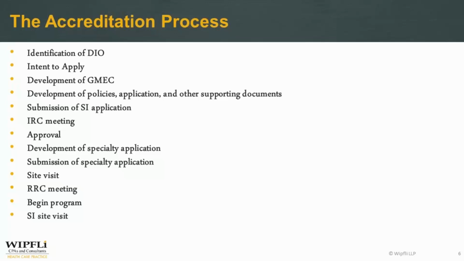Okay. So you have your site visit, and then you wait for your residency review committee meeting, which again varies depending on specialty. But broadly speaking, October, January, April. Now, if you get approved in April, you have a choice, crazy as it may be.